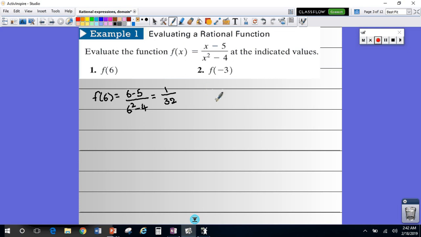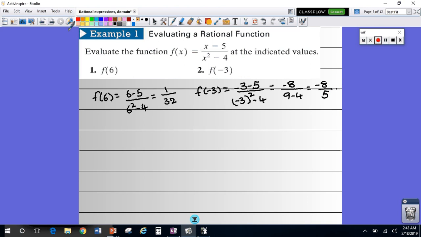Now in the same way, f of negative 3 is negative 3 minus 5 divided by negative 3 square minus 4. Whenever you are squaring, you have to keep that value in parentheses. So it equals negative 8 divided by 9 minus 4, which is negative 8 divided by 5.